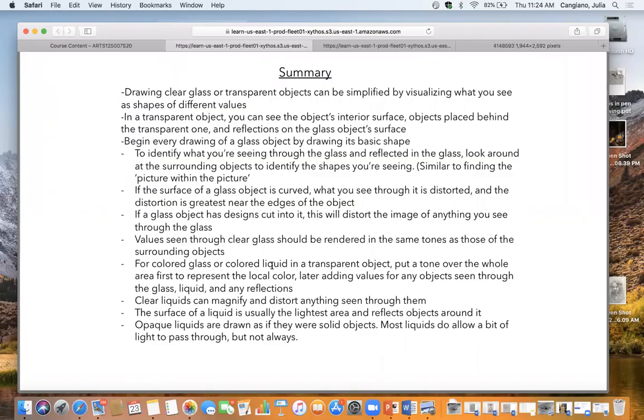The reason for that is because a lot of the things about clear glass are the same or similar. A lot of the procedures are the same or similar when you're drawing colored glass. The only thing that I would say is majorly different is that you put down a local value that's a lot darker than you would if it were clear glass.